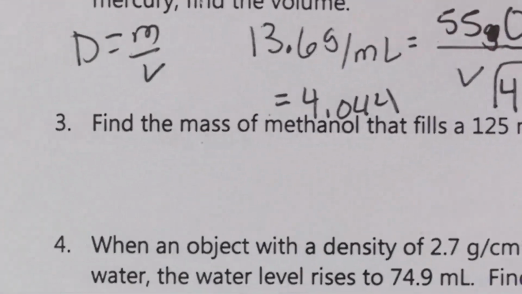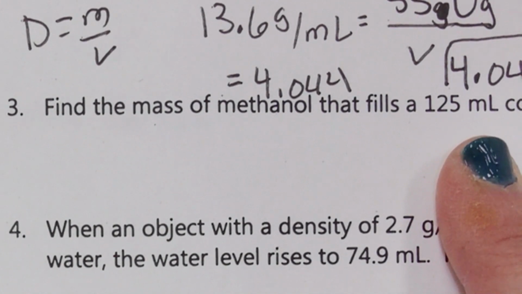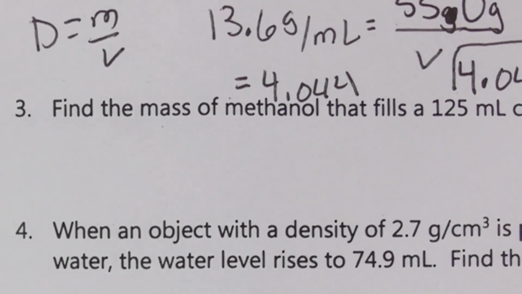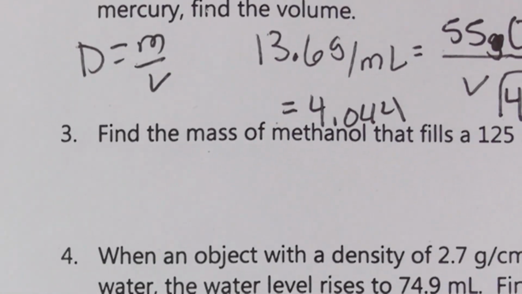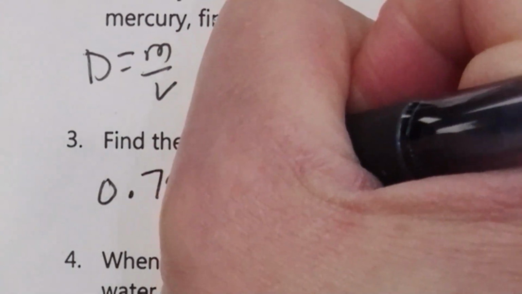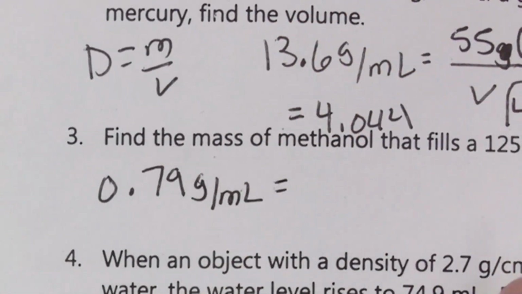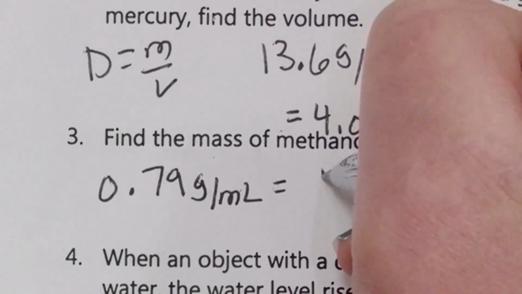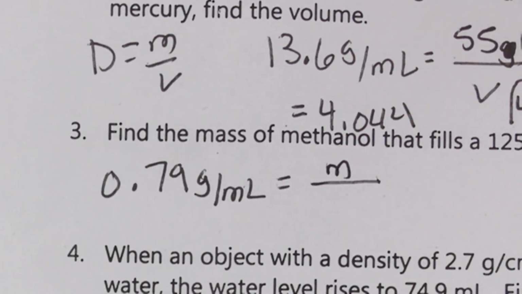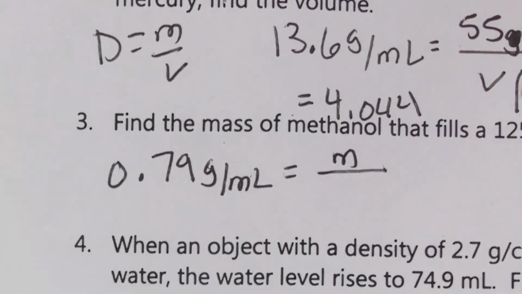Find the mass of the methanol that fills a 125 milliliter container, and our density was provided for us. So density, again, mass divided by volume. Our density in the problem is provided for us, 0.79 grams per milliliter equals, we are now solving for mass. Again, we're going to write M. We're going to define what we're solving for.